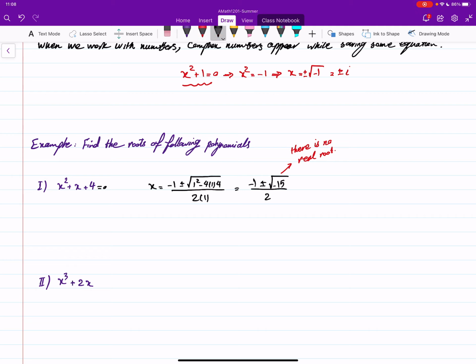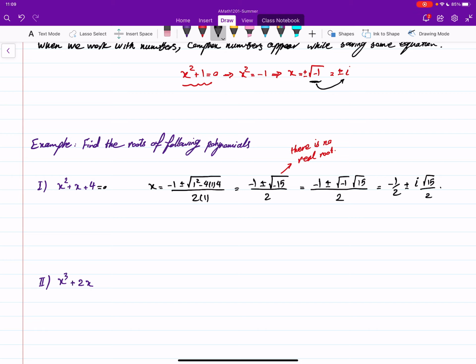However, since I know that root of -1 is a complex number called i, I can separate this thing and write it as root of -1 times 15, and that is where the complex number i comes in.